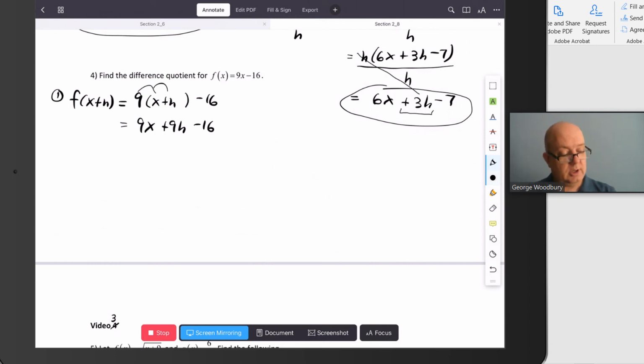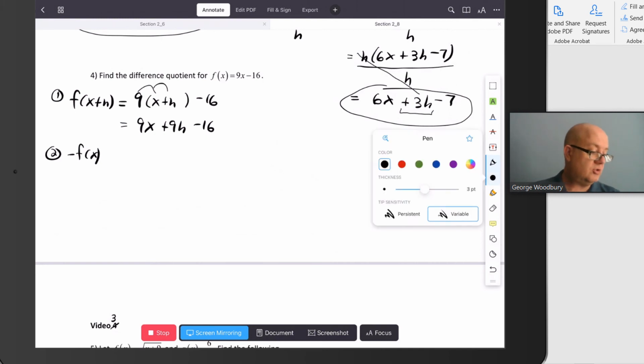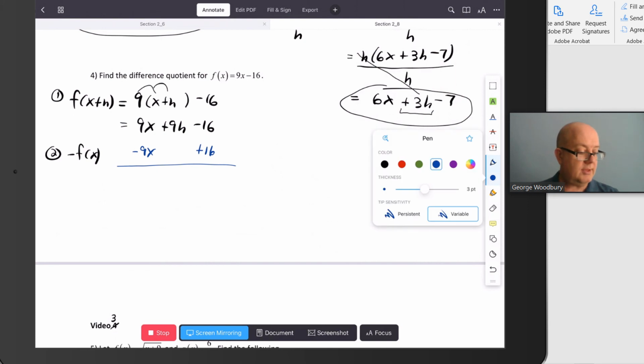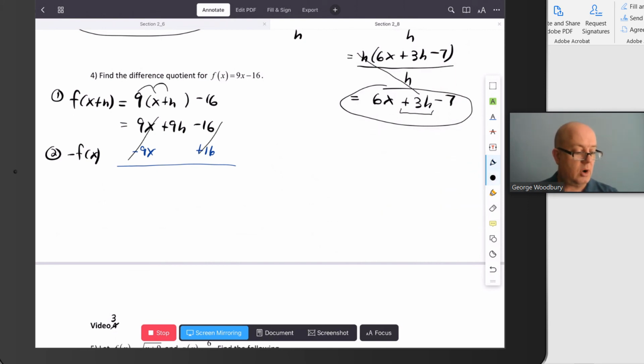Step 2, I need to subtract the original function from that. And so I can write that on the line right underneath this. Let me just change colors a little bit. I'm going to subtract 9x minus 16. That's negative 9x plus 16. And when we combine those together, all that's going to be left in the numerator is going to be 9h.